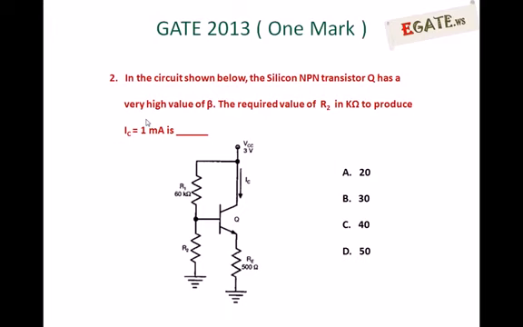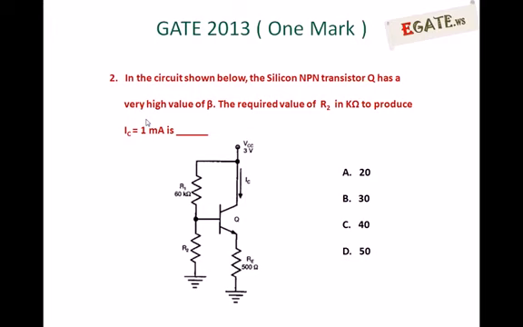in the circuit shown below, the silicon NPN transistor Q has a very high value of beta. The required value of R2 in kilo ohms to produce IC equal to 1 milliampere is: A 20, B 30 kilo ohms, C 40 kilo ohms, D 50 kilo ohms.